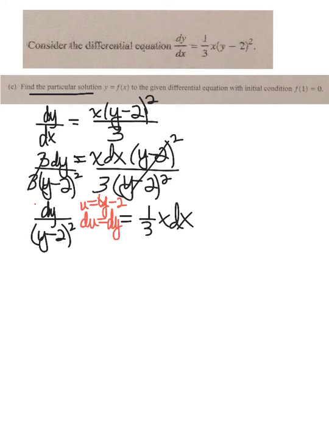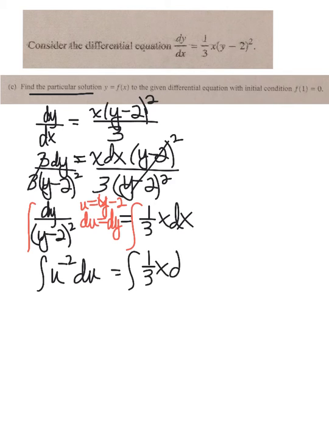So when I integrate on the left-hand side, this is really going to be the integral of du over u squared. And I'm going to take that u squared and bring that up and make that u to the negative second power, if that's good with you. Okay, so then I have the integral of u to the negative second power du, and on the right side, I have the integral of 1/3 x dx.